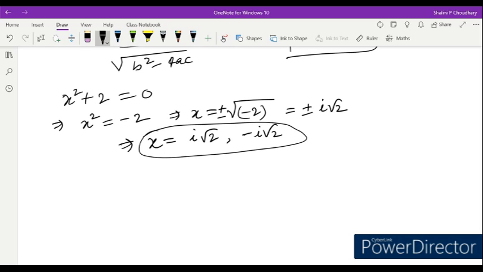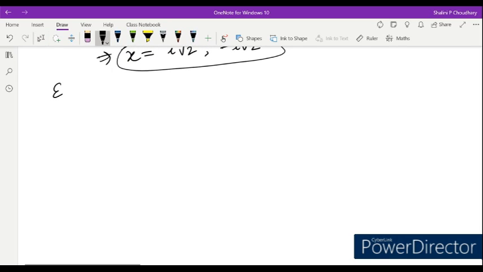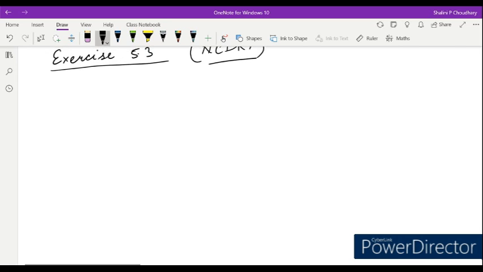Okay, now we'll do exercise 5.3 of NCERT. Okay, so what's the first question? X square plus 3 is equal to 0.